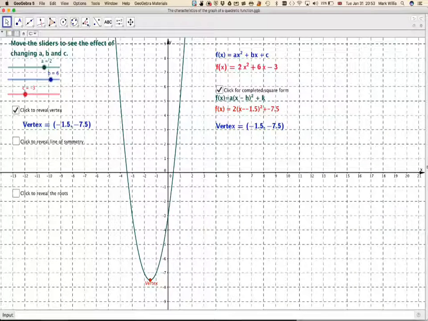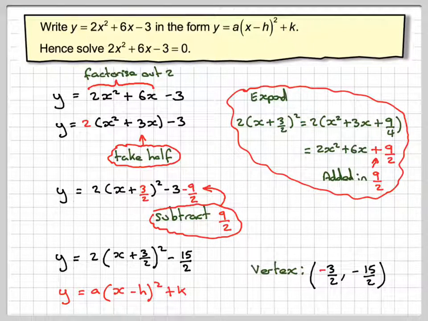We can see the vertex is minus 1.5, minus 7.5. Minus 1.5 is minus 3 over 2, and the k is minus 15 over 2, so that corresponds to what we just found.